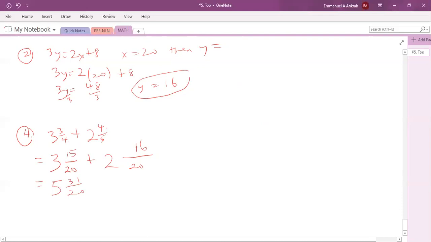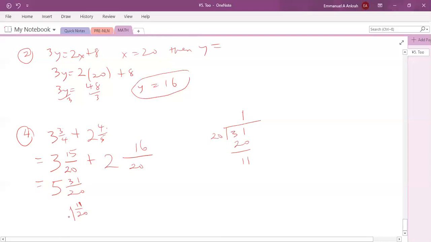But this is an improper fraction, we can't leave it like this. So it means we have to change it to a mixed number. So we have to divide 20 into 31. So 20 into 31, that will be 1. 20, this will be 11. So here we have one whole number, remainder 11 out of 20.